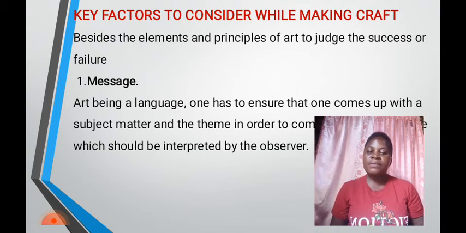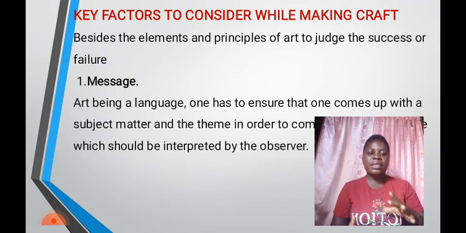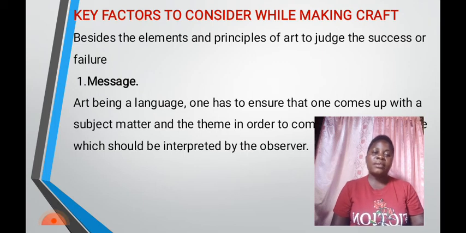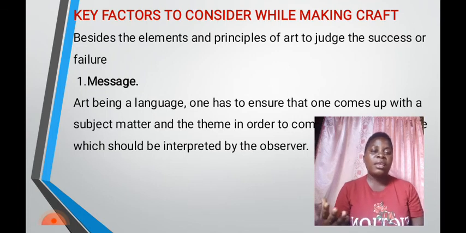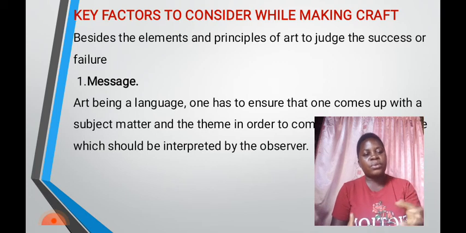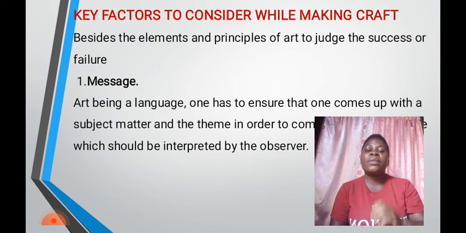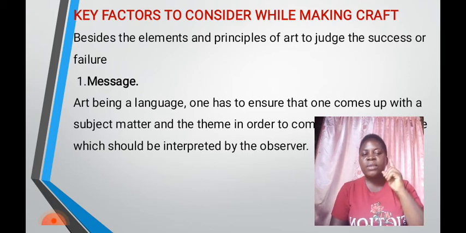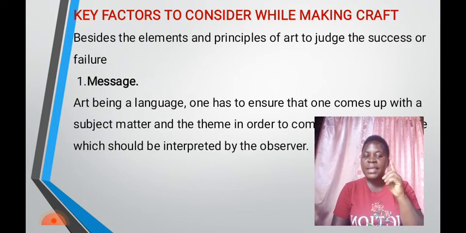As I've said, besides the elements and principles, which are line, size, shape, color, tone, etc., and what we have been doing in our still life and nature and human figure, where we have been looking at proportions, we have other factors. These are what we are going to look at. So the first one is message.